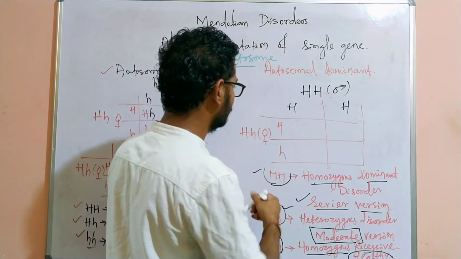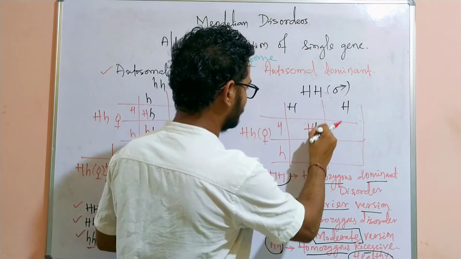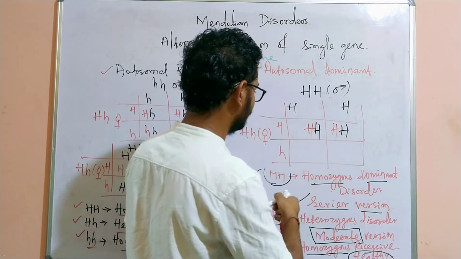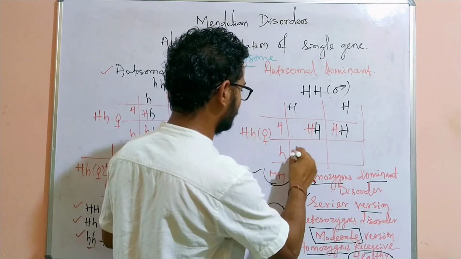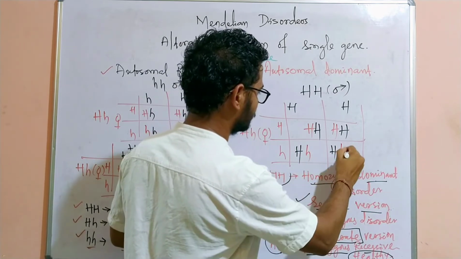Here we will have the capital H. Here we will have also the capital H. Here we will have capital H and small h. Here capital H and small h.